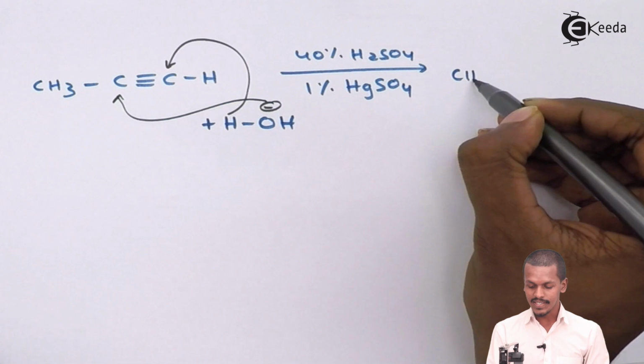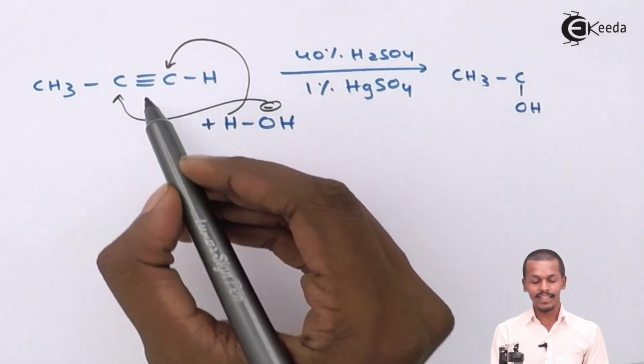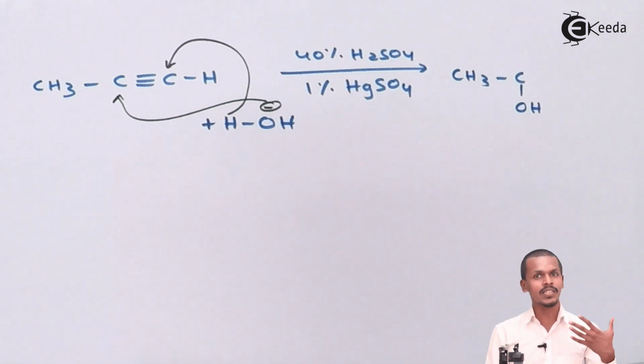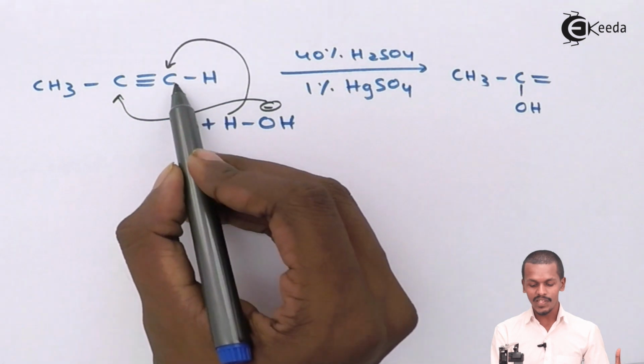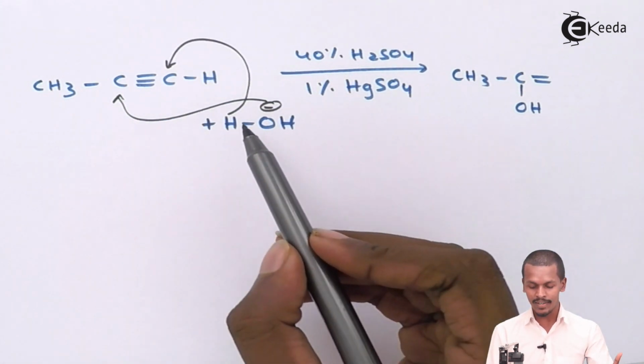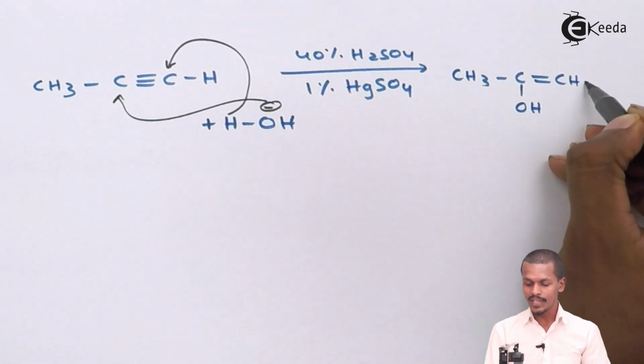So this is CH3, this is C, and here the OH would be attached, and the triple bond would be converted into a double bond, because this is a kind of addition reaction. So a double bond would come over here, and this CH will now have an additional hydrogen atom, so this one would be CH2.